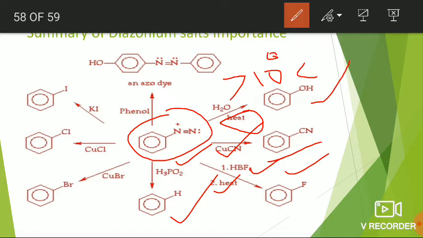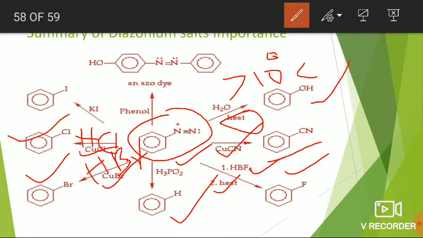If you treat diazonium salt with cuprous halide, that is cuprous bromide, generally in the presence of HBr, then we get corresponding bromobenzene. It is Sandmeyer reaction. If you treat phenyl diazonium salts or aryl diazonium salts with cuprous chloride in the presence of the same hydrogen halide, that is hydrogen chloride, we get corresponding chlorobenzene.